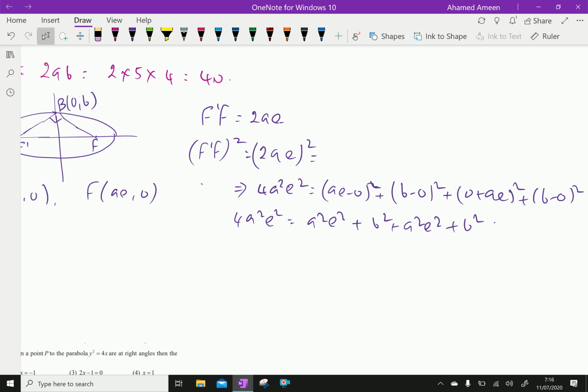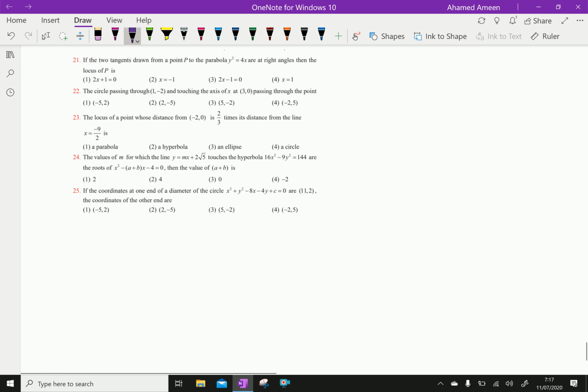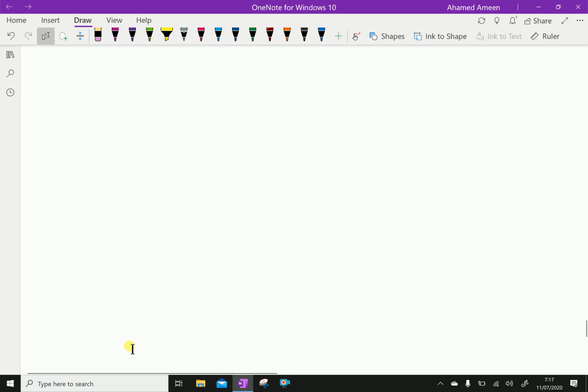So 4A squared E squared equals 2A squared E squared plus 2B squared. Collecting one side, it is 2A squared E squared equal 2B squared, 2 and 2 cancel. Here A squared E squared is B squared, we got. Call this 1.